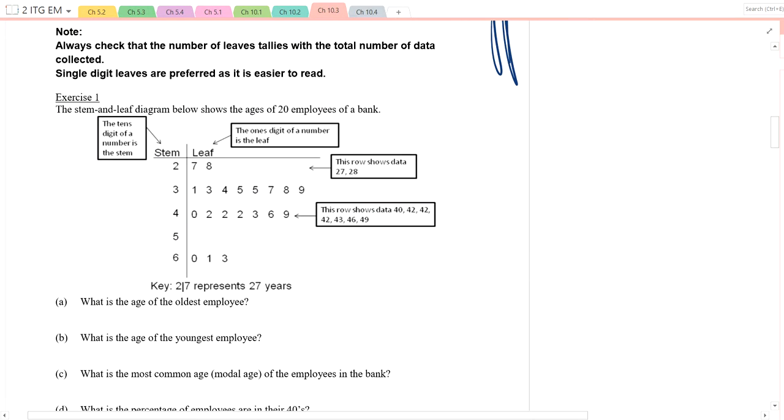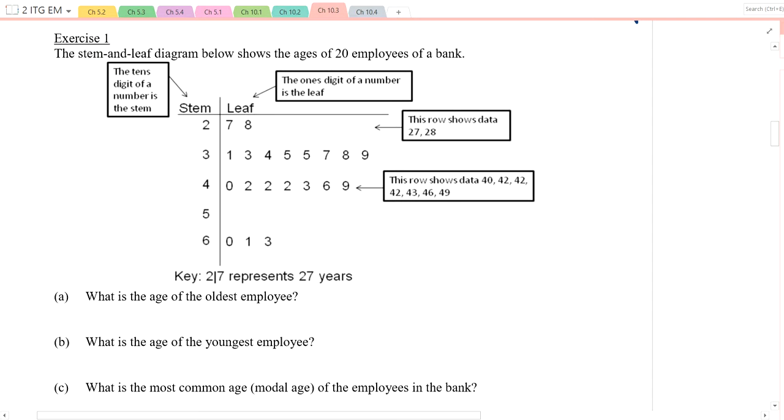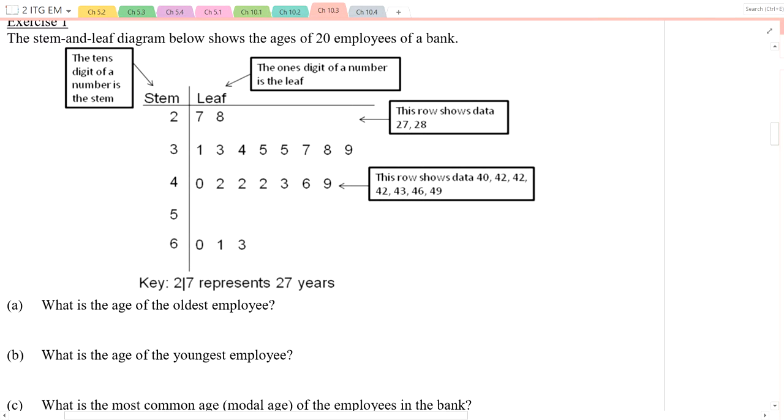So this exercise over here, exercise number 1, this is what your stem and leaf diagram is going to look like. First, you are given a stem. It is always labeled stem. And we have leaf. Then you've got this horizontal line separating your title from your data. Then you've got a vertical line over here separating your stem from your leaf.